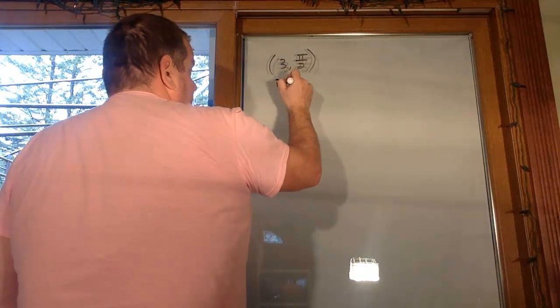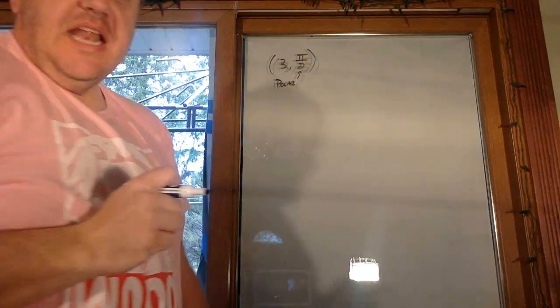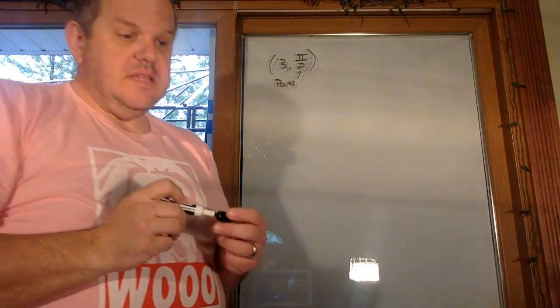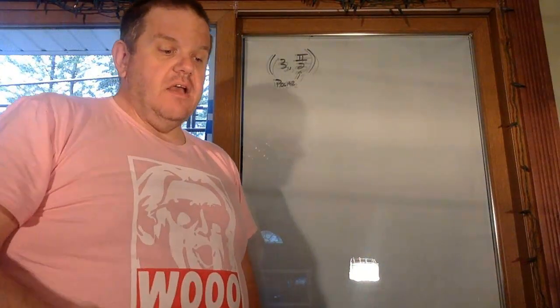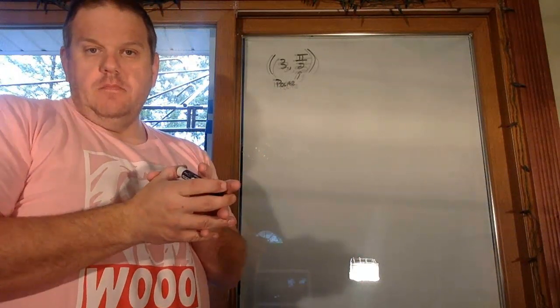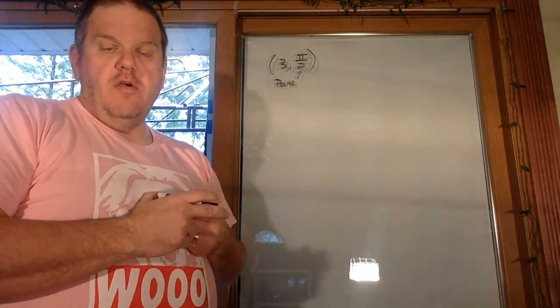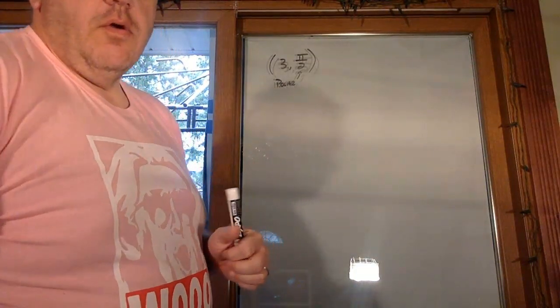I know that it's in polar form because I see that that is an angle. Okay, that tells me that that's an angle. If it's not a known angle, then you're going to assume that it's in rectangular form. Okay, that's a known angle, pi over 2. So I need to put it into rectangular form.